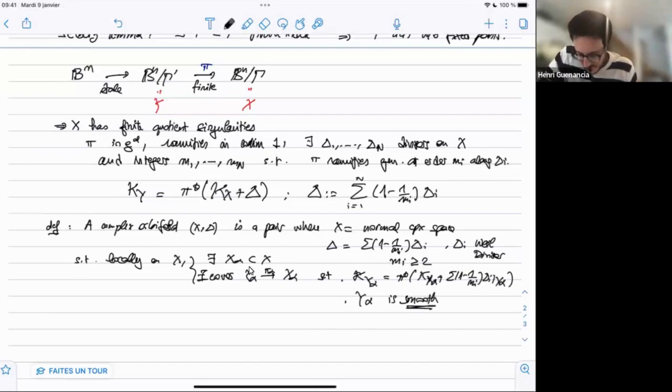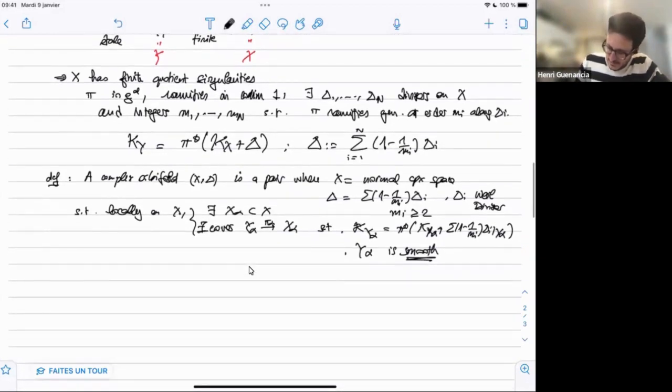Okay, so a complex orbifold, if delta equals 0, is just an analytic space with finite quotient singularities. And we like to also have a boundary divisor weighted by those weights 1 minus 1 over mi, to remember that actually the way we express X as a finite quotient of a smooth space encodes codimension 1 ramification.